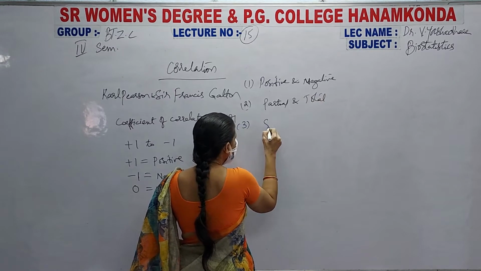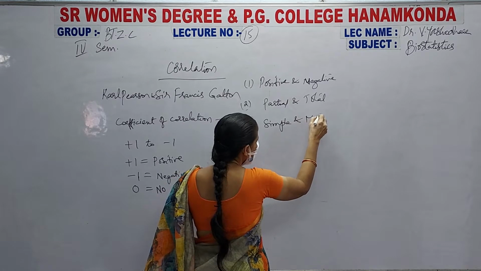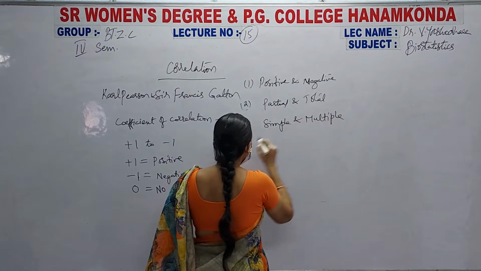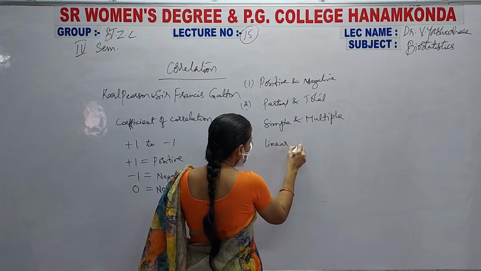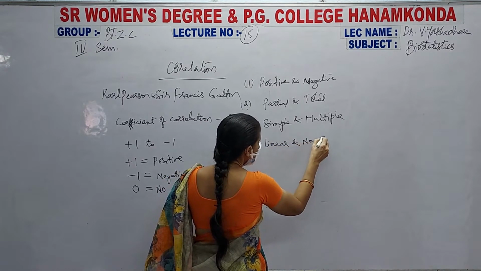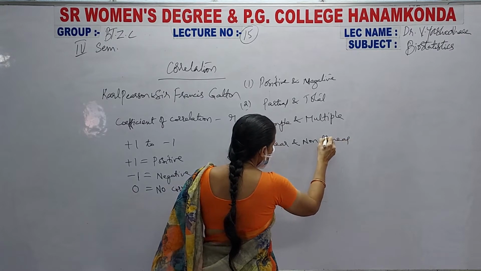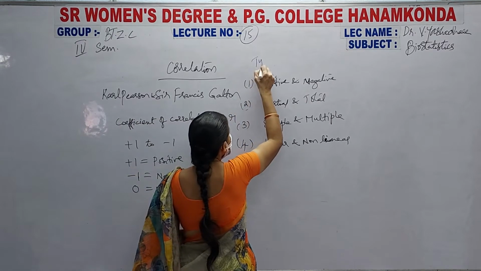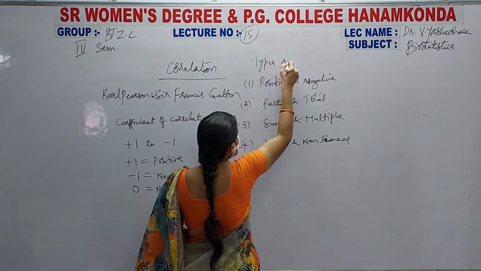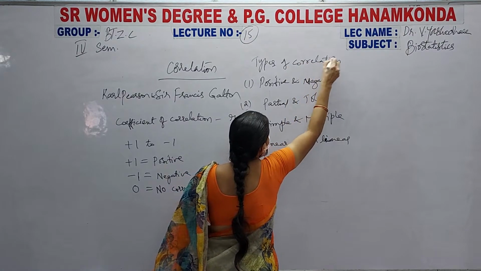Third is simple and multiple. The fourth is linear and non-linear. These are the four types of correlation.